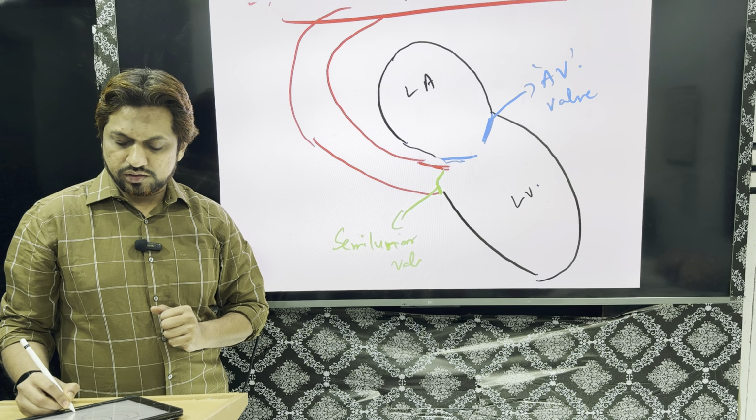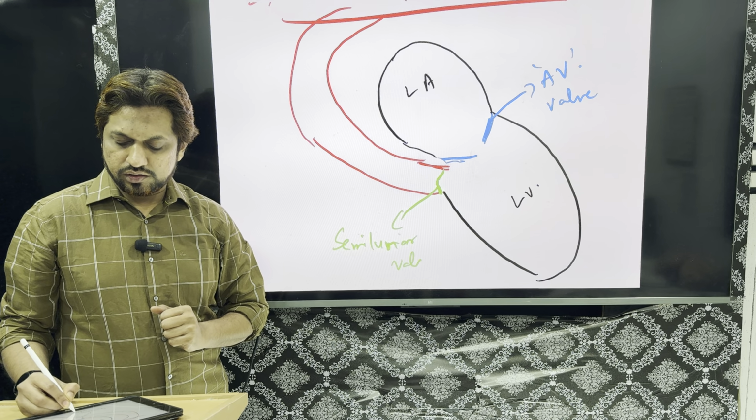So again, I will draw the same rough line diagram. This is the left atrium, this is the left ventricle. You know that the atrioventricular valves were closed. These are closed AV valves already. The aorta semilunar valves were open, and the blood from the left ventricle is going.